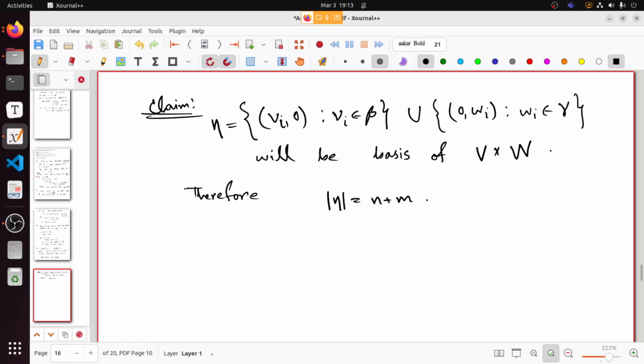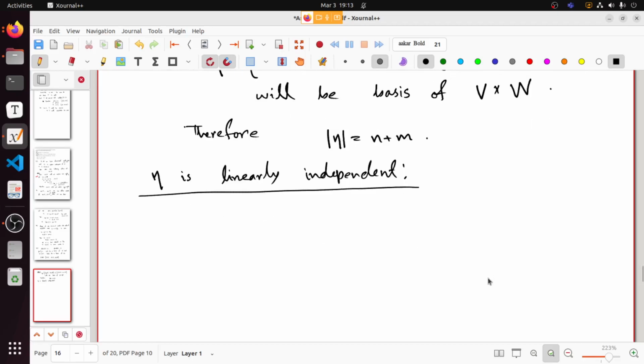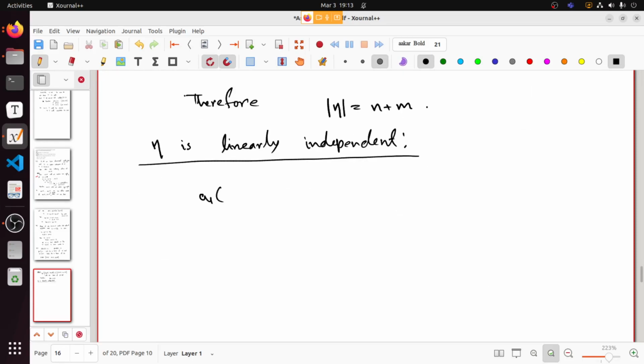So how to show they are linearly independent? Let's check. We'll first show this eta is linearly independent. Suppose A1 (V1, 0) plus ... An (Vn, 0) plus B1 (0, W1) plus ... Bm (0, Wm) is 0.